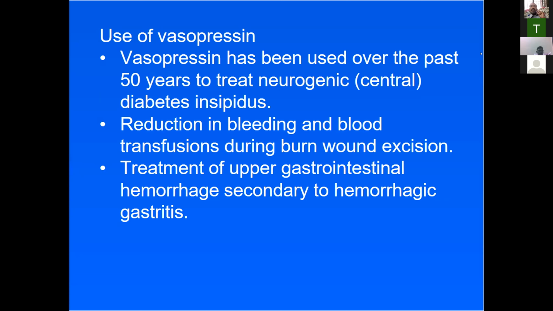So to reduce the bleeding and blood transfusions, this drug is used. It is also used for treatment of upper gastrointestinal hemorrhage secondary to hemorrhagic gastritis, to stop the bleeding.